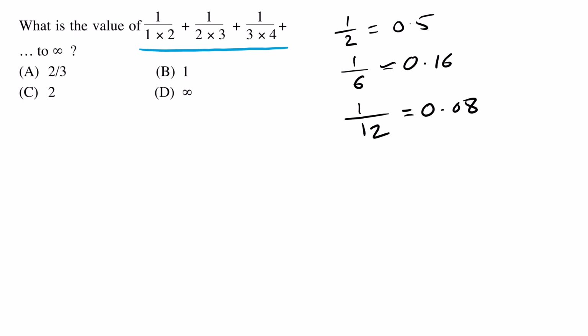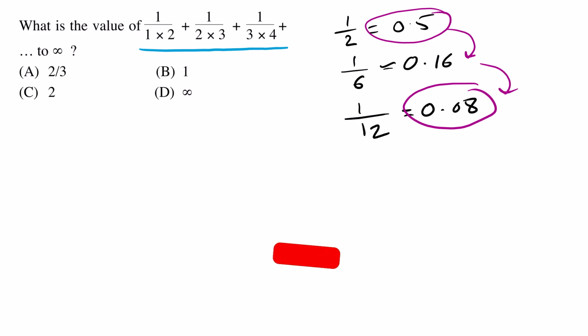So you can see that with each term the value is decreasing by an order of magnitude, right? That means that if you add these numbers, the value will hardly reach some finite value. It will not go till infinity, right?